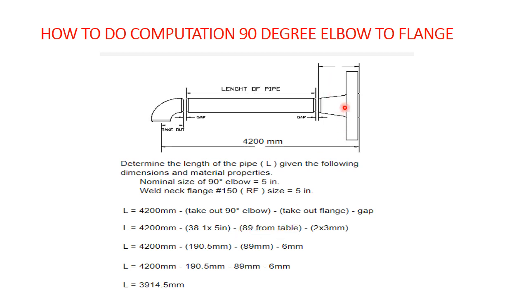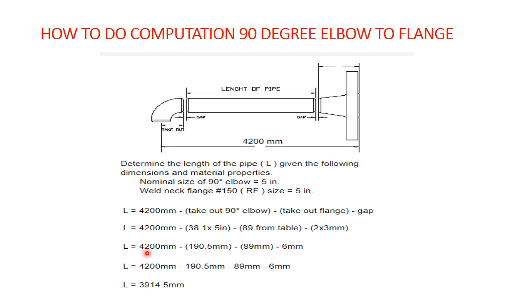We'll see the take out of flange from the table given at the end of the video, 89 for 5 inch, minus 2 into 3 millimeter. Each gap is 3 millimeter. We have two gaps, one gap here, one gap here, that's why it is multiplied by 2.